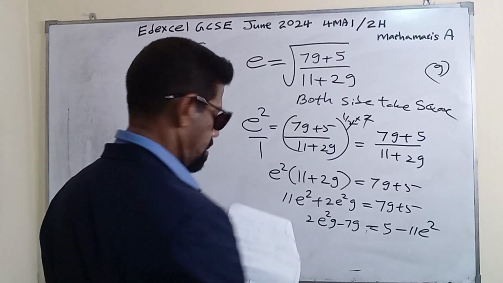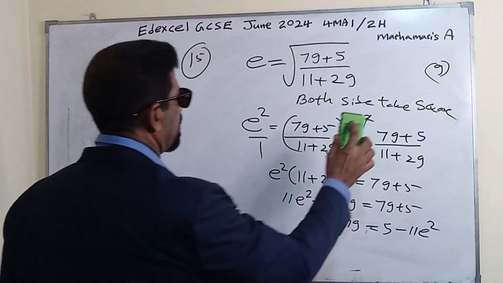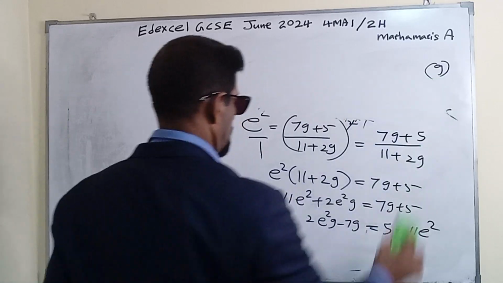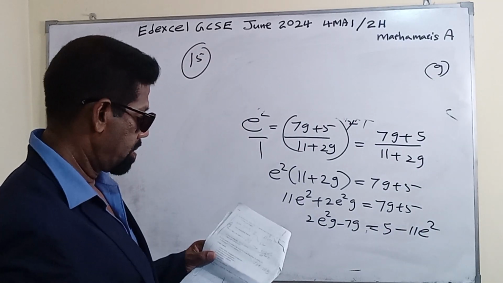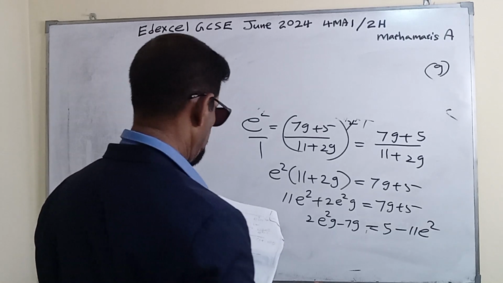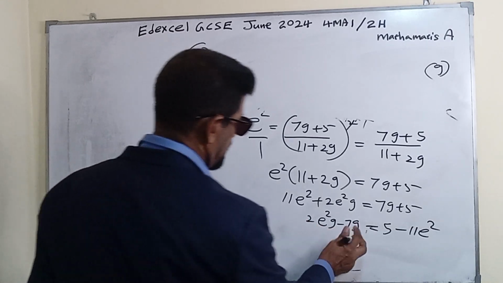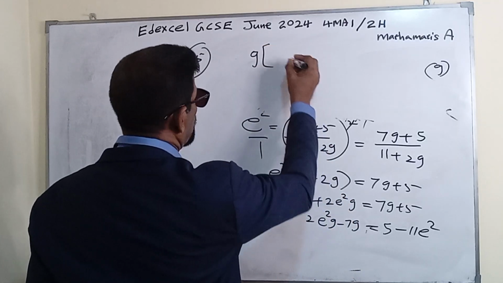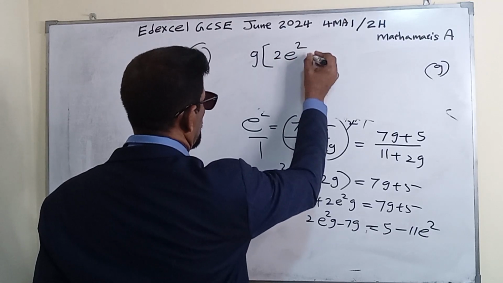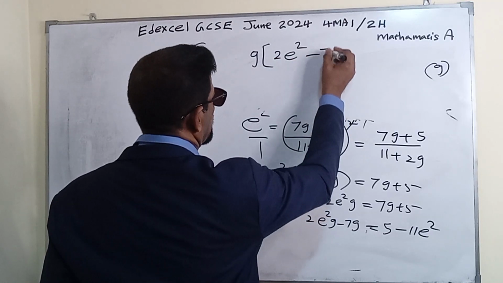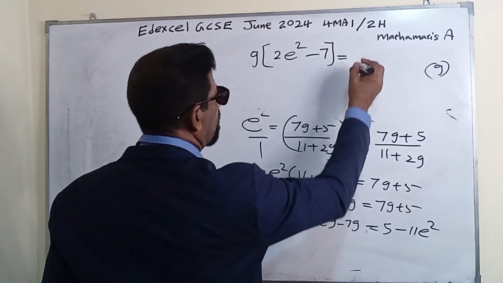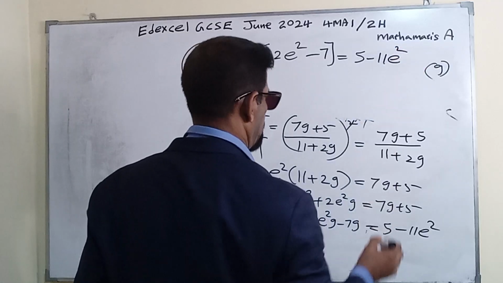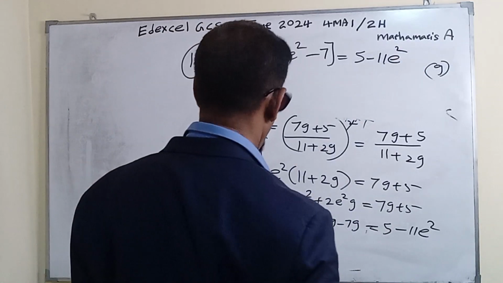Right. So we are going to erase that. Take g outside: g times (2e to the power of 2 minus 7) equals 5 minus 11e to the power of 2. Right.